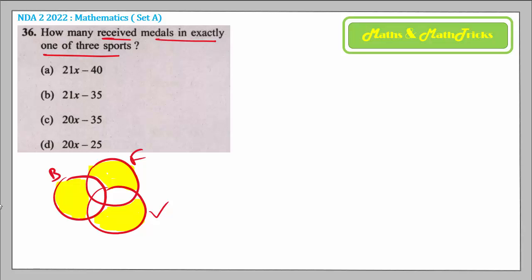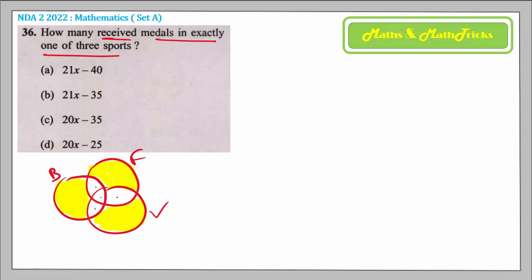So you can see that the answer for this shaded region is clearly from the total union of these 3. What do you have to subtract? You have to subtract these common regions, like B intersection F, F intersection V and B intersection V. But in that subtraction you have subtracted this region thrice, right? You have to only subtract it once. So you have to add 2 times.